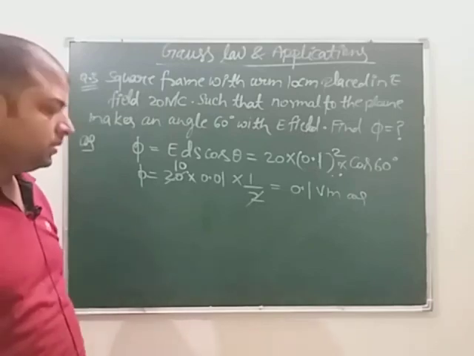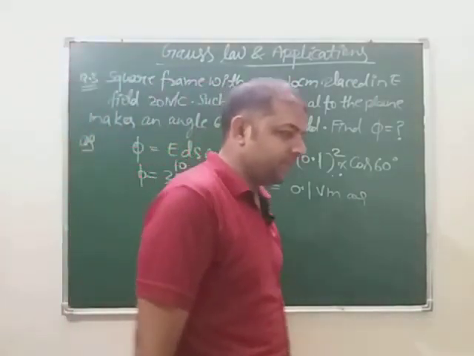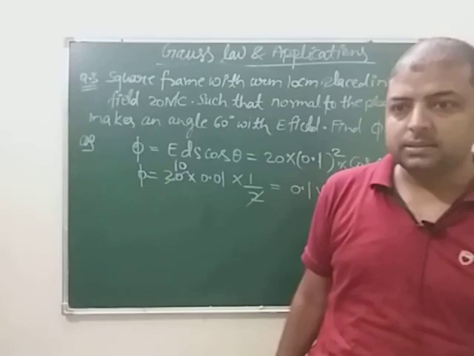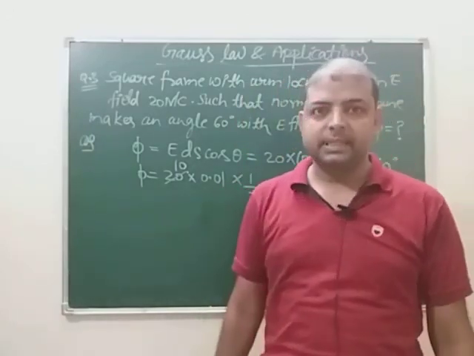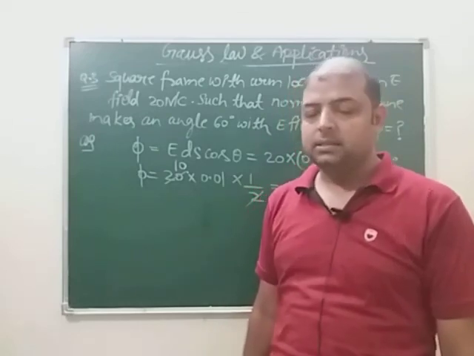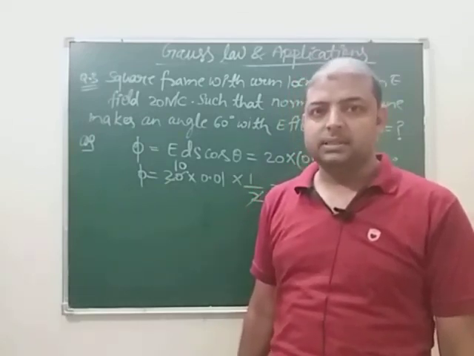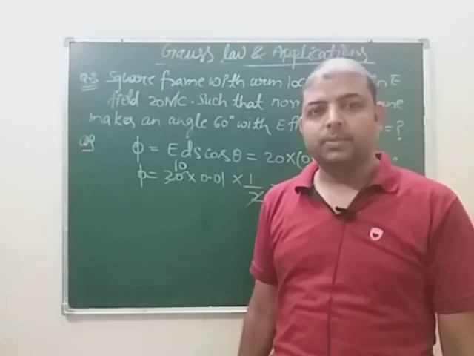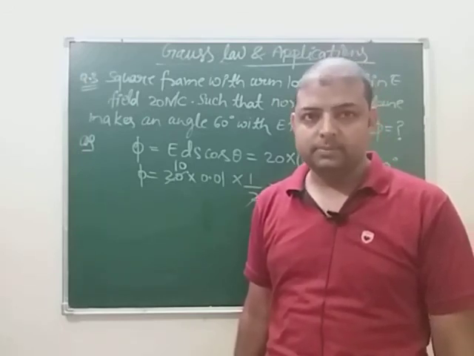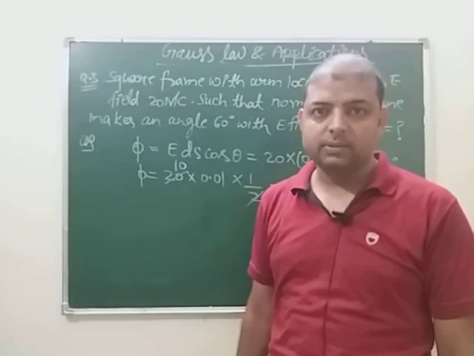So in this lecture we have discussed the area vector, electric flux, their formulas, and examples based on these formulas. I think it is enough for this lecture. In the next lecture we will discuss some important points about Gauss theorem. That's it for now. Thank you very much.